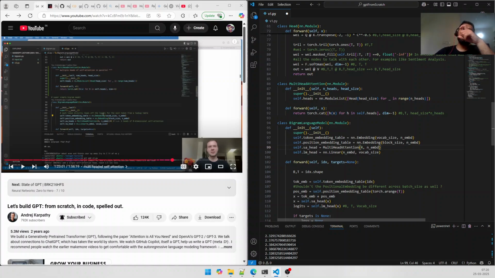So each head size should be 8, so that when this concatenation of head size into n heads happens, we get 32 itself.